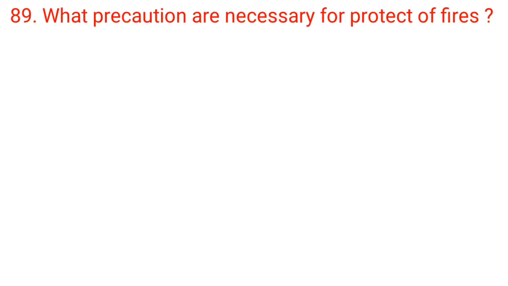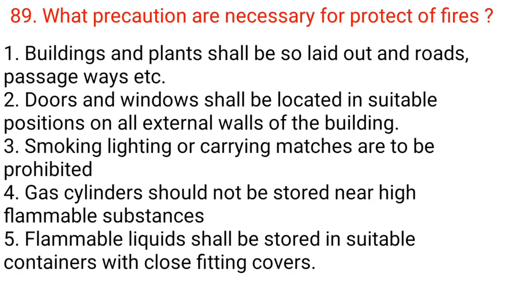89. What precautions are necessary for protection from fires? 1. Buildings and plants shall be so laid out, and roads, passageways, etc. 2. Doors and windows shall be located in suitable positions on all external walls of the building. 3. Smoking, lighting, or carrying matches are to be prohibited. 4. Gas cylinders should not be stored near highly flammable substances. 5.